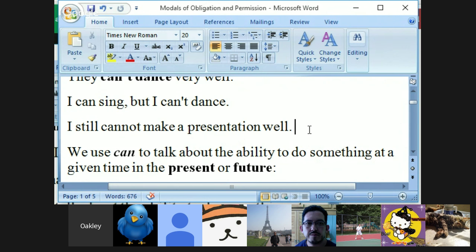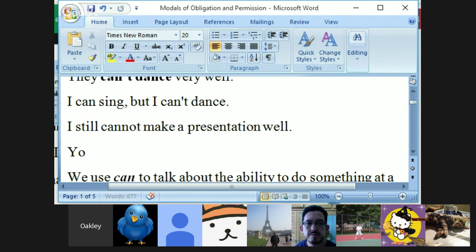Should I contrast cannot and can't? If you want to. At this point, I just want to hear you use the word can. I still can't make a presentation well. Okay. I still cannot make a presentation well. Still negative. Apparently, you can't say can.